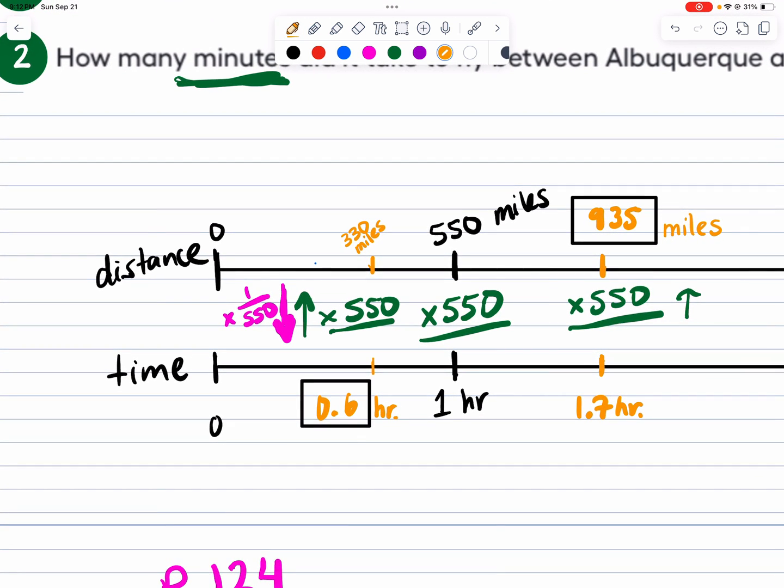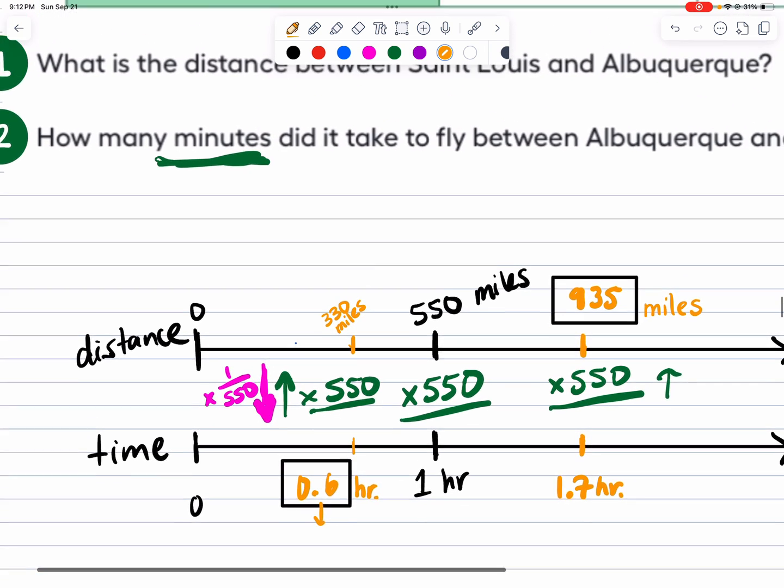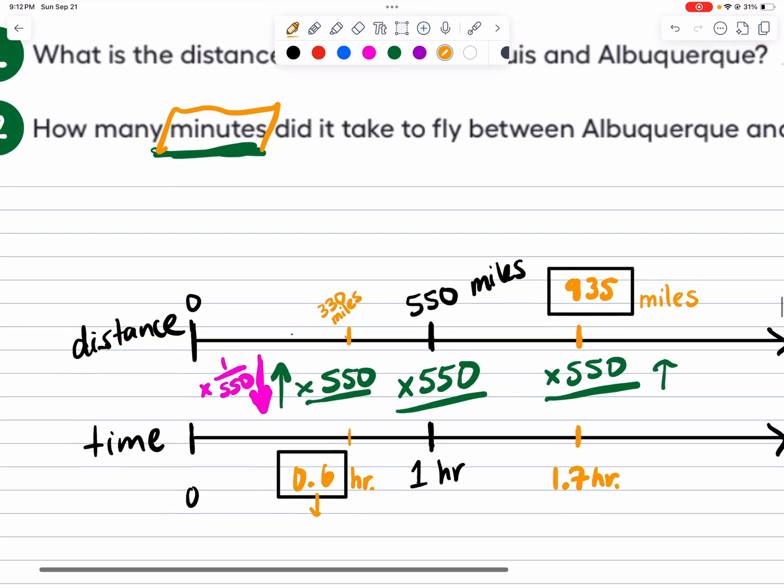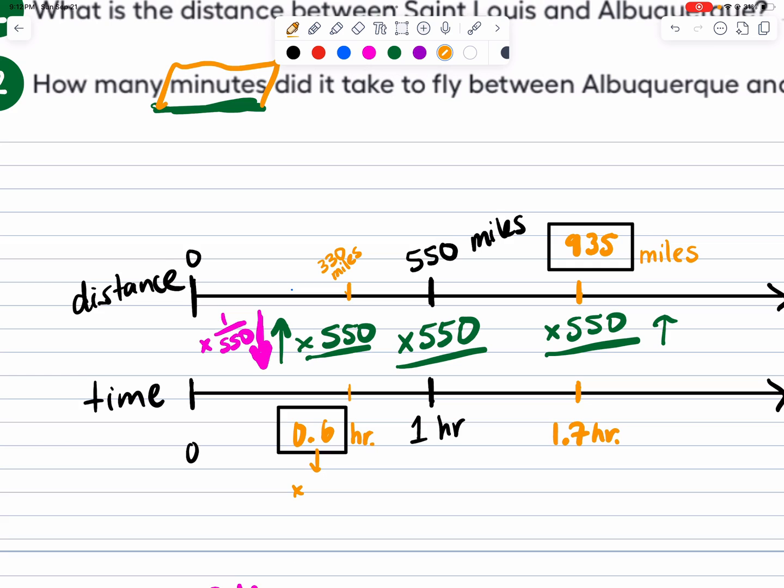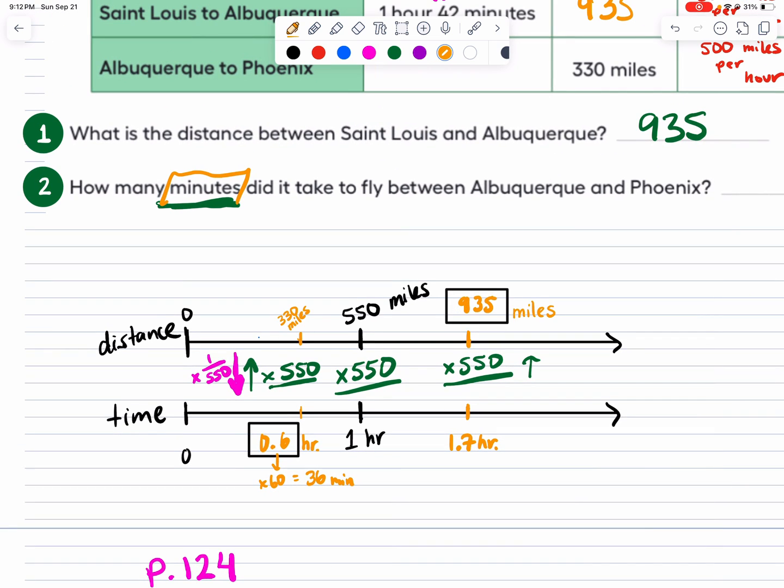But we do want it in minutes because I think that's what the question said. So 60 minutes in 1 hour, so it's going to be times 60. 0.6 times 60 equals 36 minutes.